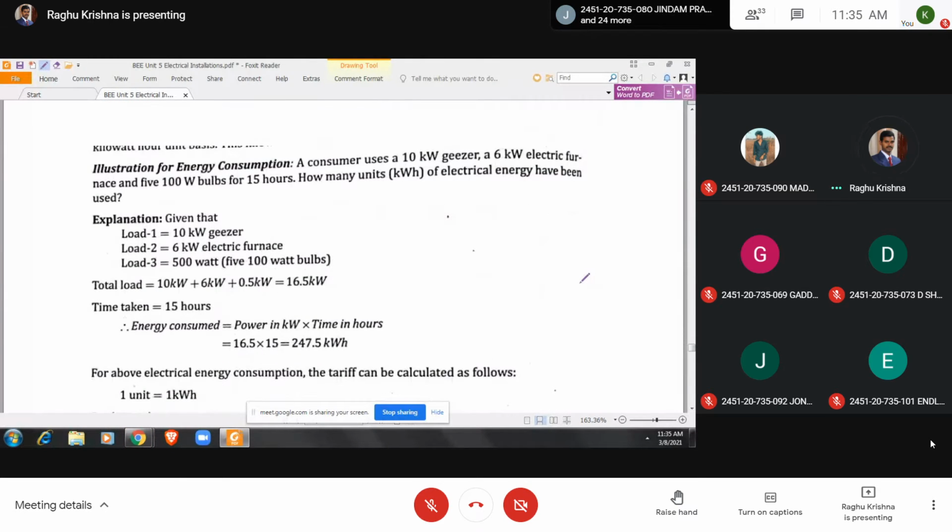Next, let us do a sample calculation, an illustration of energy consumption. Let us take for example, a consumer uses a 10 kilowatt geyser, a 6 kilowatt electric furnace, and 500-watt bulbs, all for 15 hours.